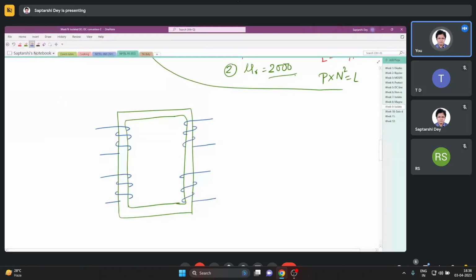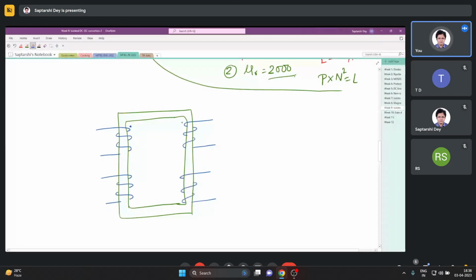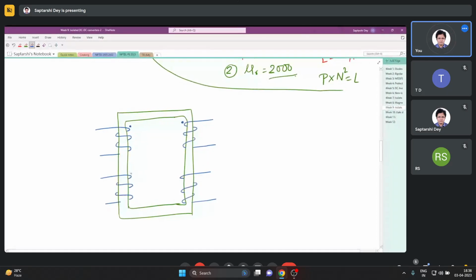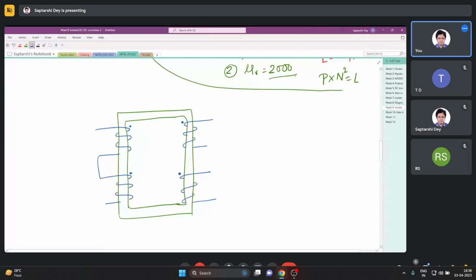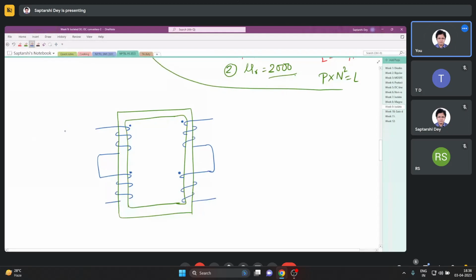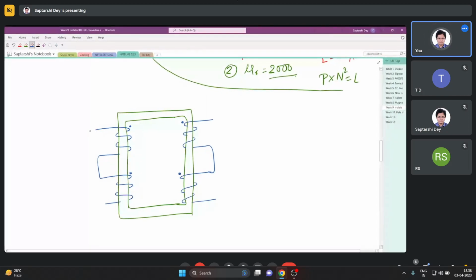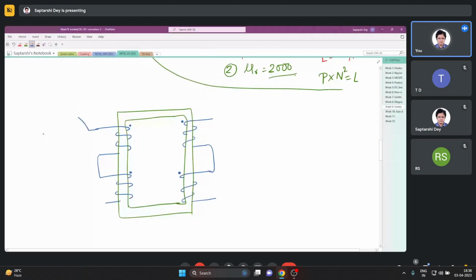Now if I draw the windings like this, you will see that dots will come in this fashion. You can verify it later. Now this is one switch.